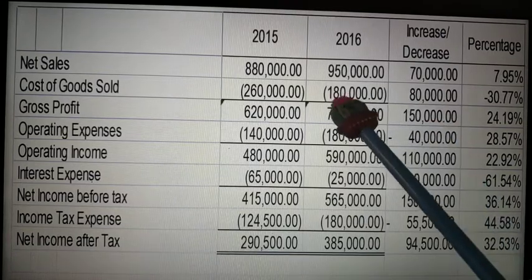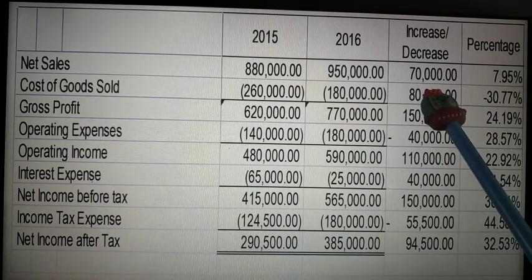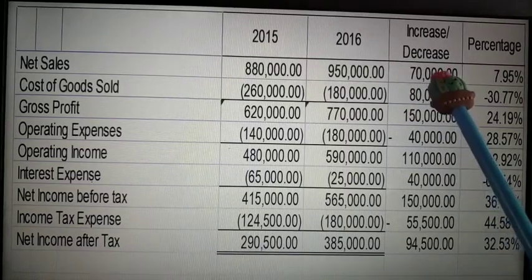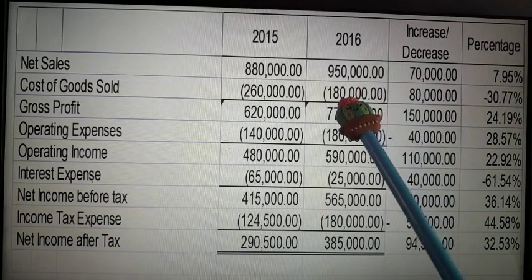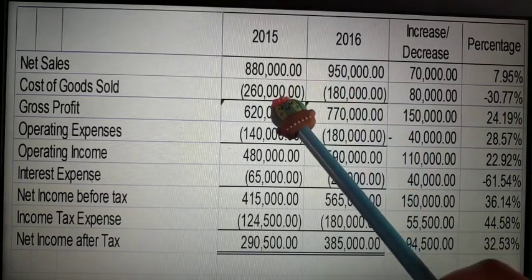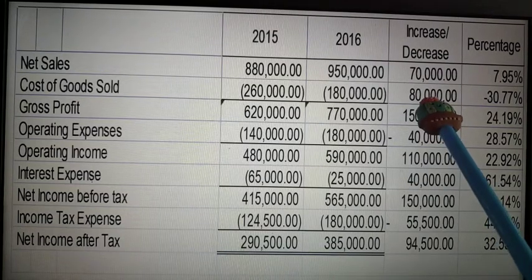Dili meaning nga naka-open and close parenthesis silang duha, mag-open and close parenthesis gyapon ka diri. Dili. Magbase ka sa increase and decrease niya. So gikan kang 180 minus the 260 ni-increase siya og 80,000, right?